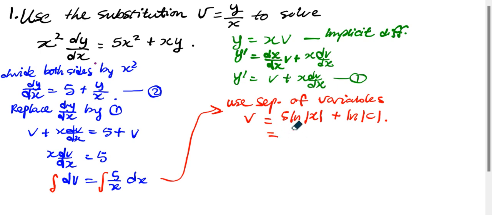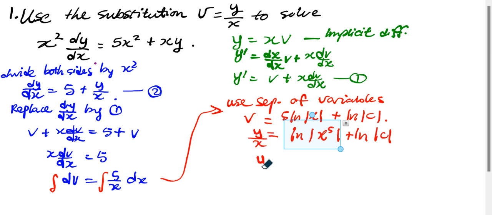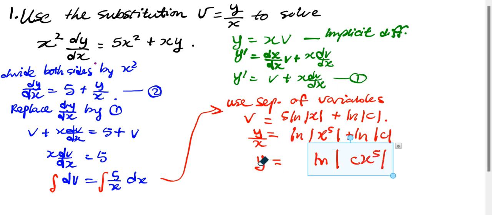So this will become natural log of x to the power of 5, plus natural log of c, and v is y over x. So y itself is natural log of cx to the power of 5, and then here is divided by x, so y itself is x natural log of cx to the power of 5.